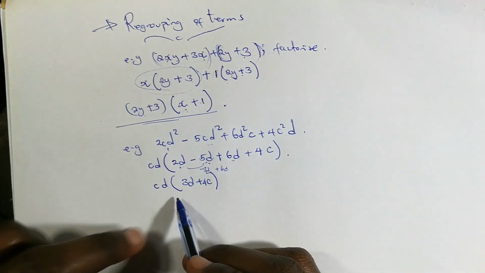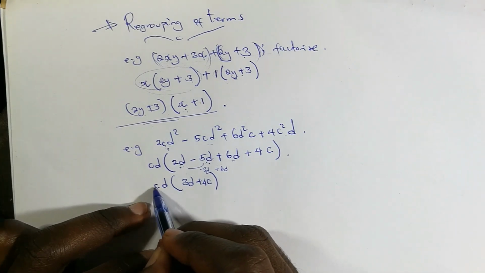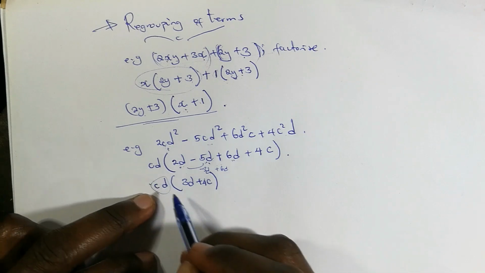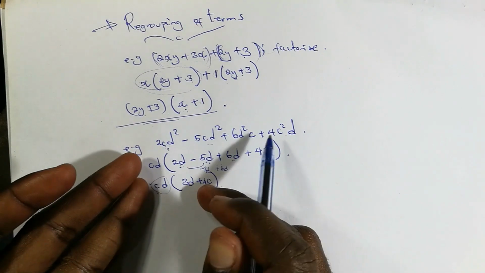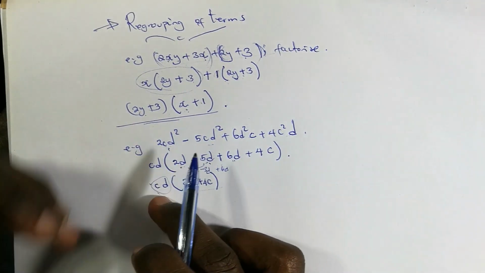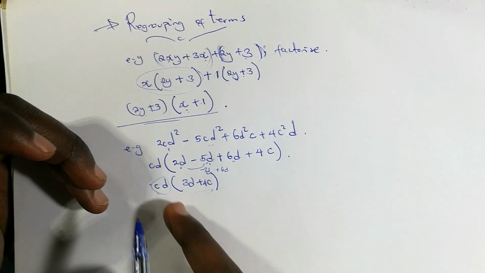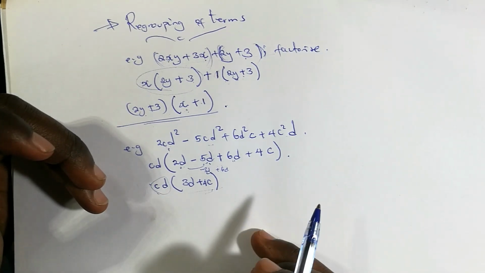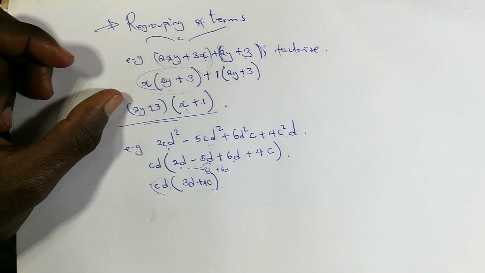And now I think we have a single term multiplying a binomial, which we can consider to be a whole single term multiplying an expression that has two terms inside. That's simply how we can factorize that.